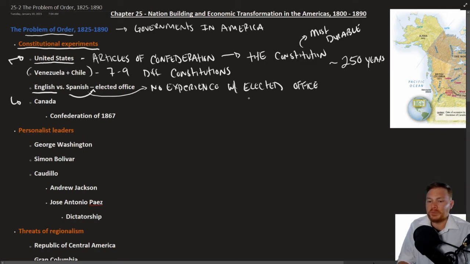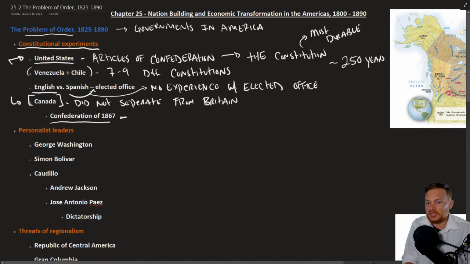In the case of Canada, Canada was somewhat unique in that it did not completely separate from Britain, but did get some self-government.